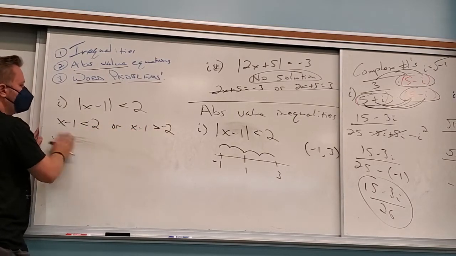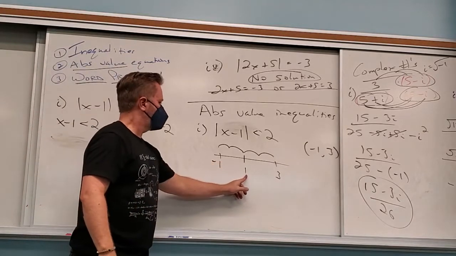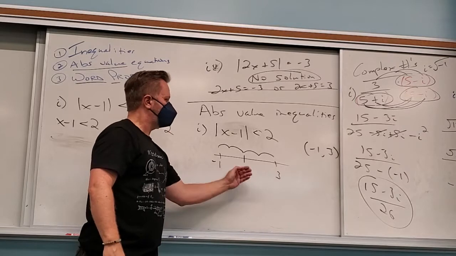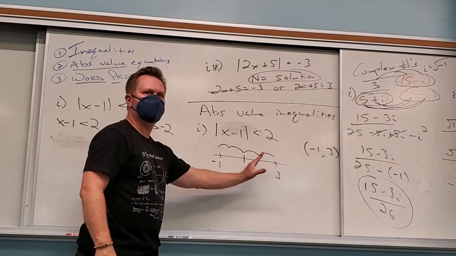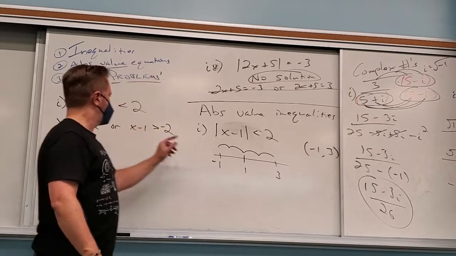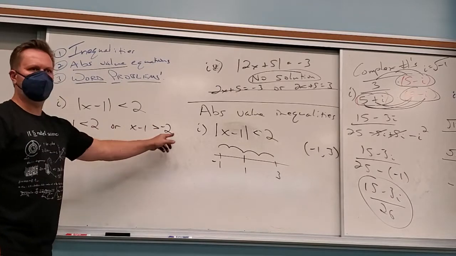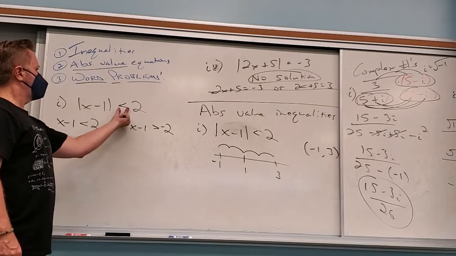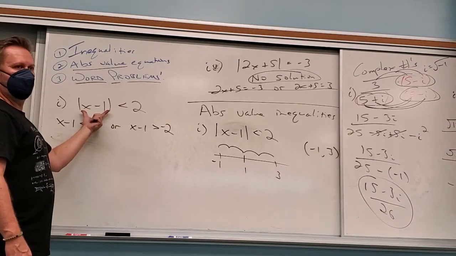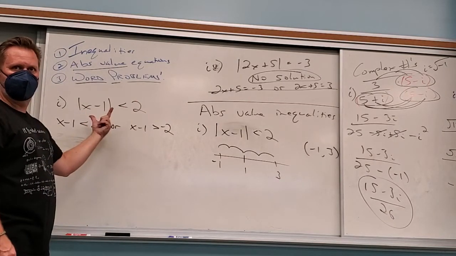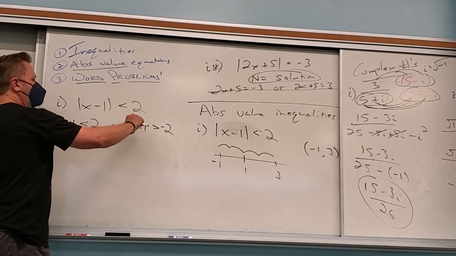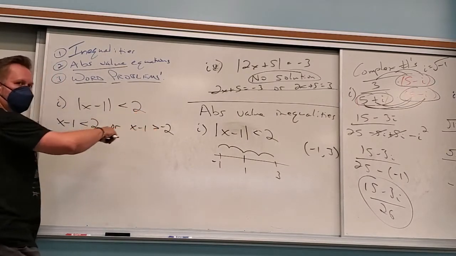So if I want to be close to 1, I want to be less than something but greater than something else. Does that make sense? So when I rewrite a less than absolute value inequality, it's this less than this and this greater than negative this.